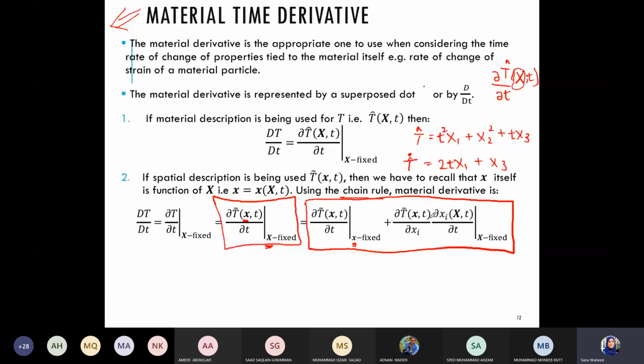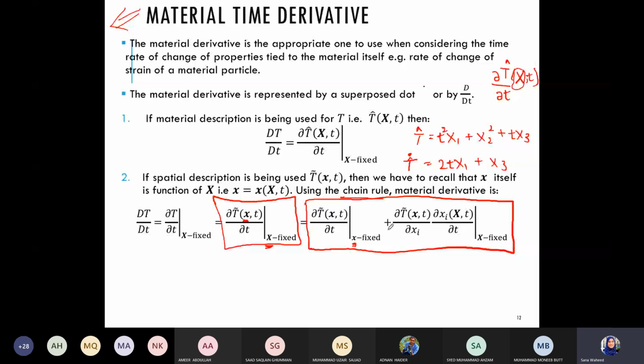If anybody is wondering why this is happening, I would really recommend that you look at the chain rule applied for two variables. This is the issue: the differentiation is with respect to two variables, t and x, actually three variables, and we need to convert the differentiation of the one variable we have into capital X, and that's what we're trying to do right here.